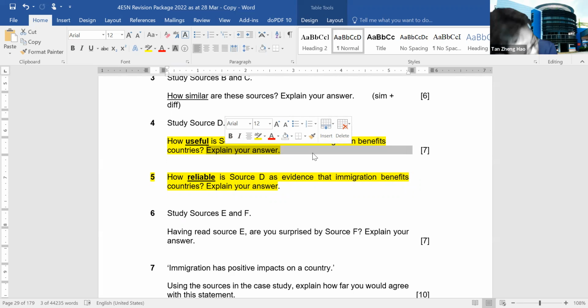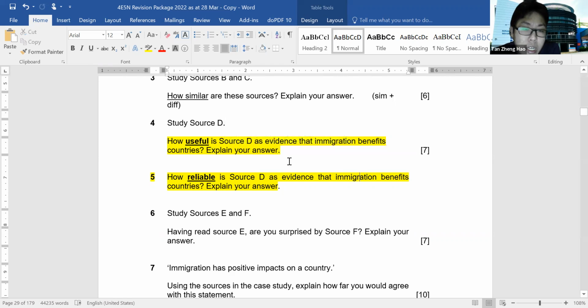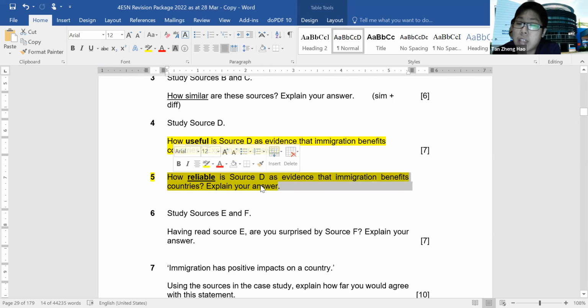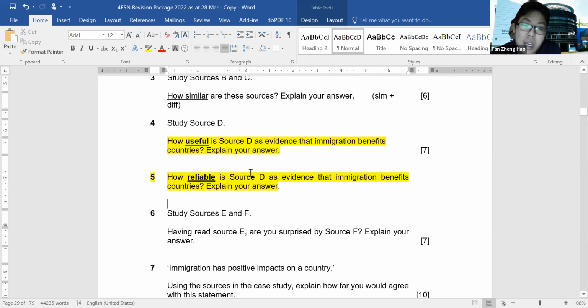And last but not least, I will show you the suggested answer in the answer scheme, so you can see how the template is being applied and whether my thought process was similar or correct. All right, let's get started. Then at the end, I'll repeat the process and show you how the answer is slightly different if it's a reliability question. So, how useful is source D as evidence that immigration benefits country?